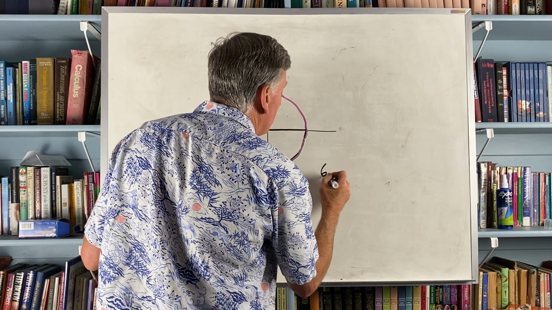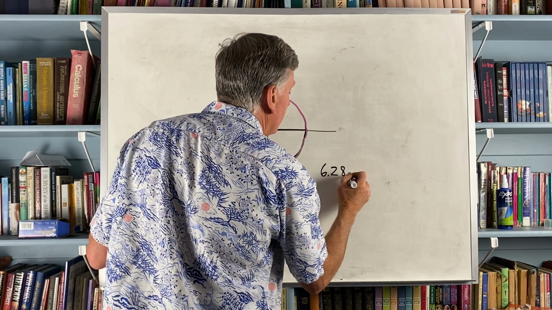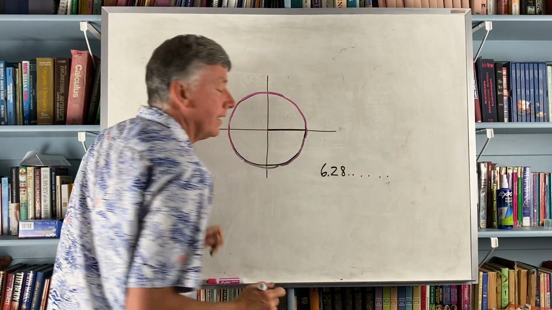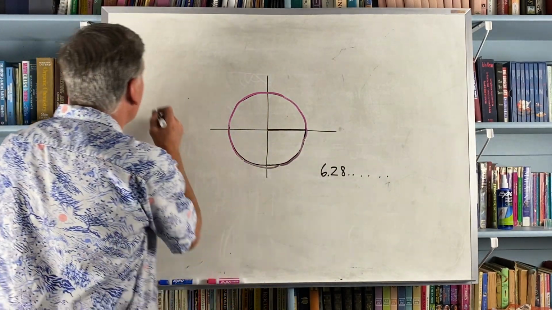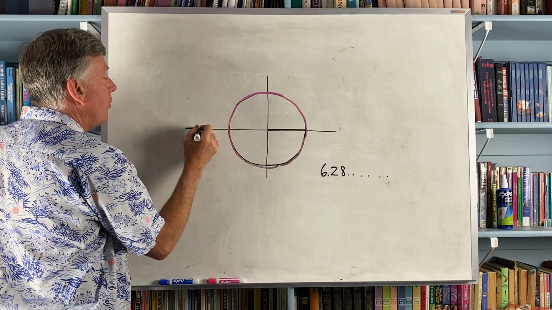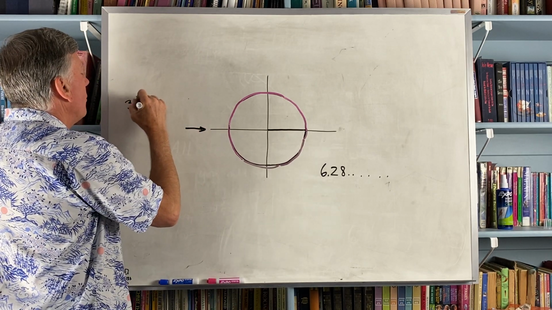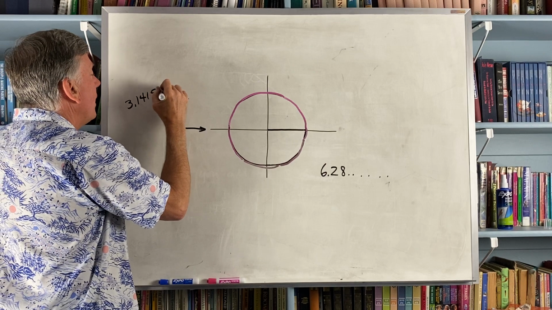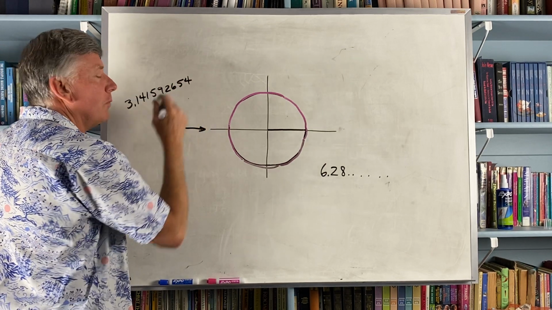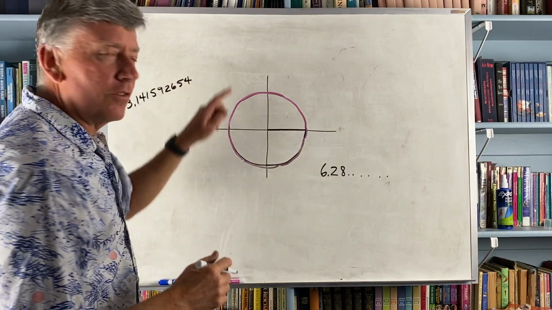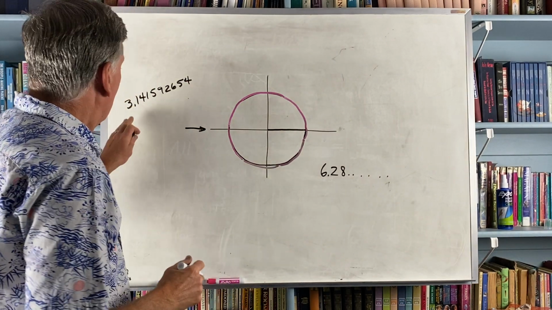This is 6.28, however many digits there are. I know that the halfway point, when you get to this point right here, is 3.141592654, and that's an approximation. I think it goes 390 or something like that.